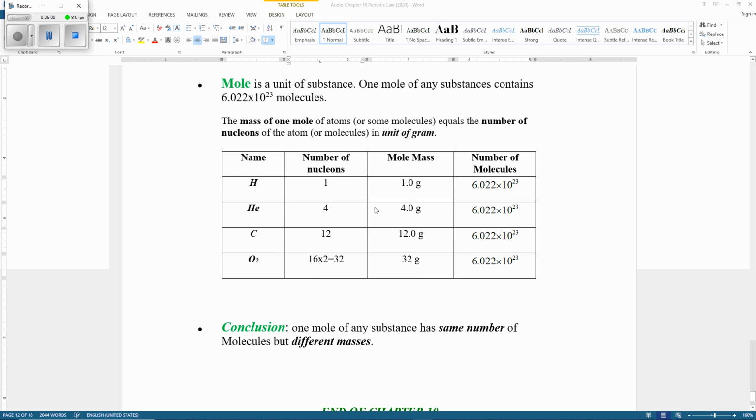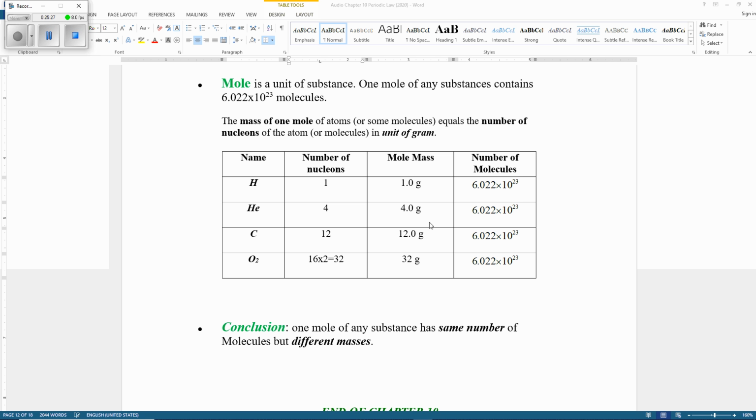Here is some example. We take hydrogen, helium, carbon, and oxygen. These are the molecules, and they have different weights. 1 mole of hydrogen, 1 mole of helium, carbon, and oxygen molecules.